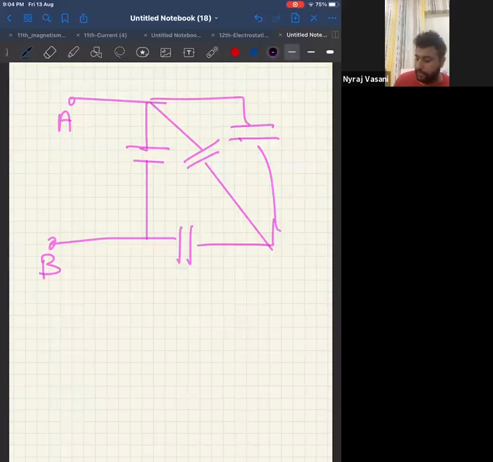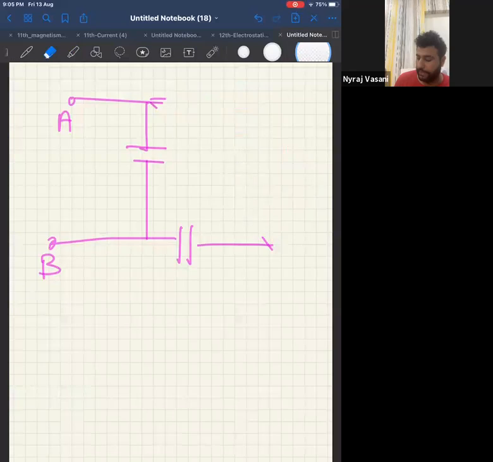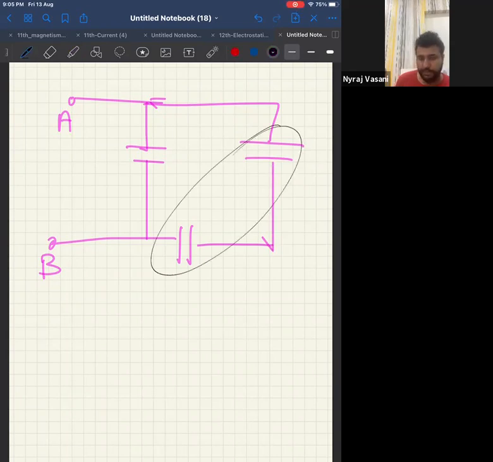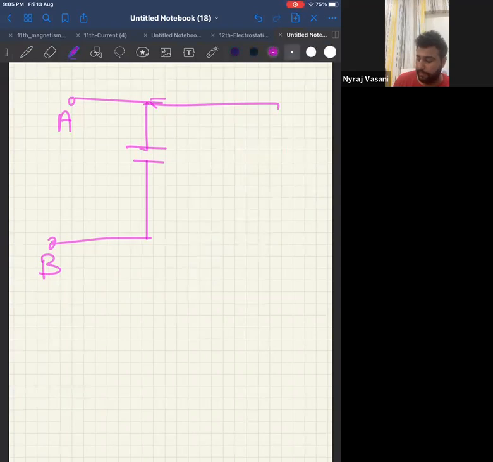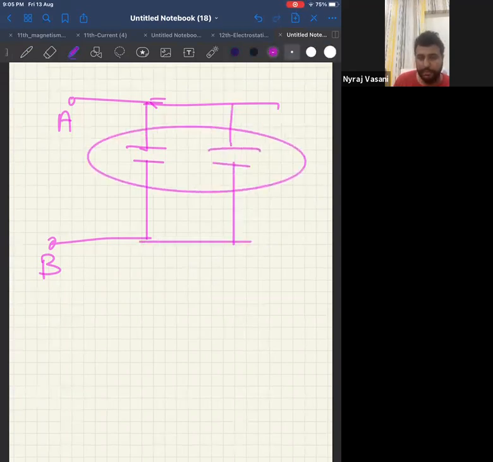Then these two will be in parallel, so I can simplify and draw only one capacitance in parallel. Now again, these two will be in series, so I can simplify that and get one in parallel. Now again, these two will be in parallel, and I'll get the answer. So it is series, parallel, series, parallel. That's it.